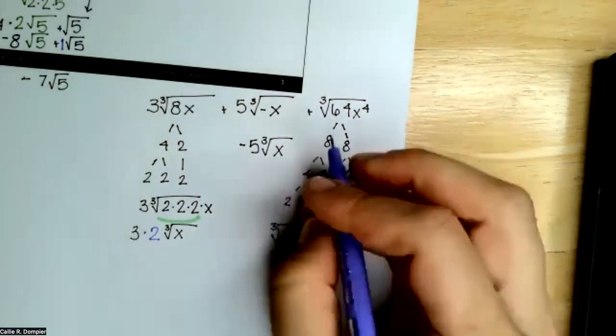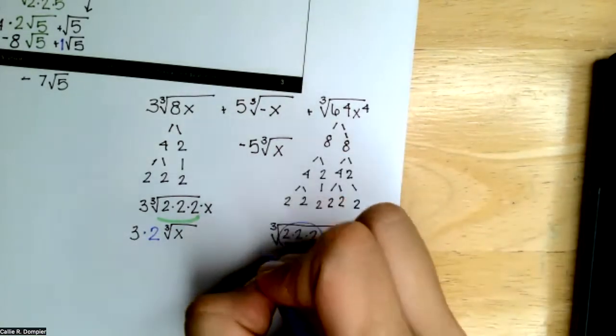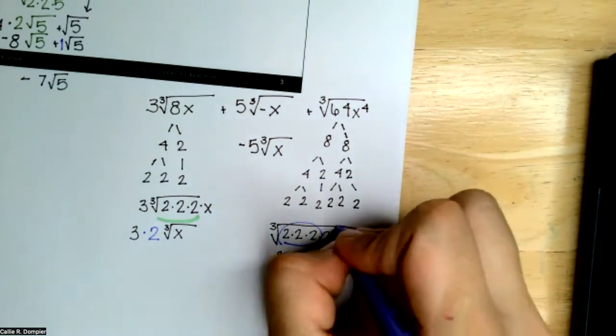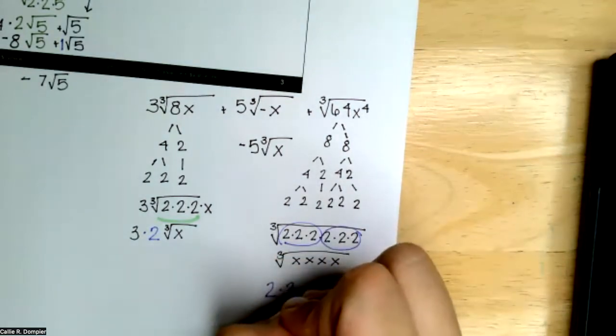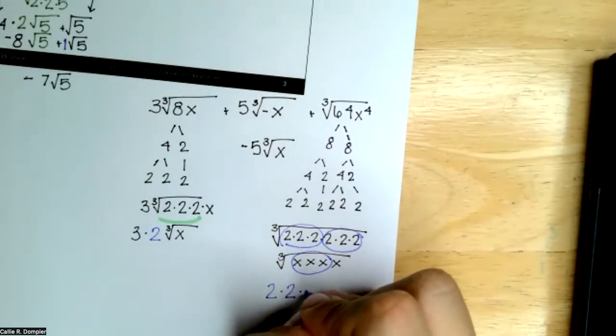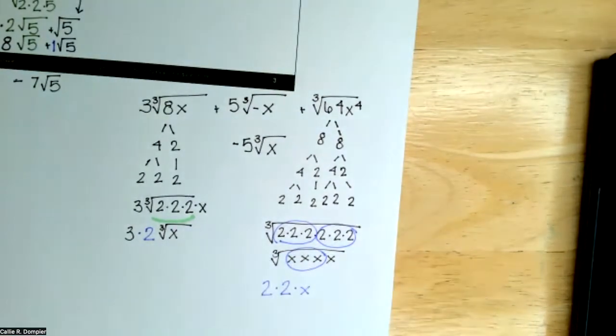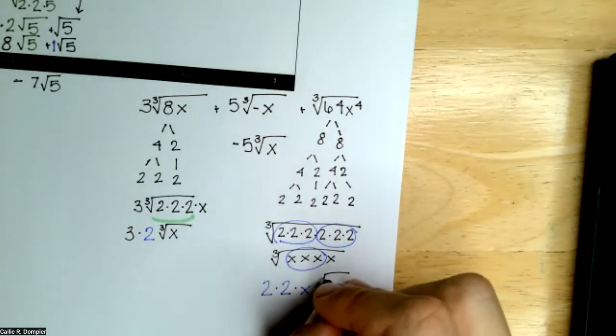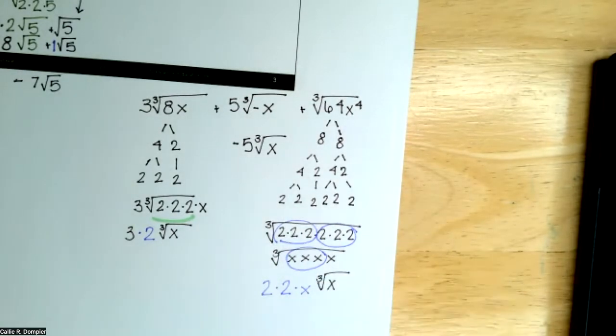So what can we take out? We can take out this 2 and this 2 and these x's, and we are left with the cubed root of x.